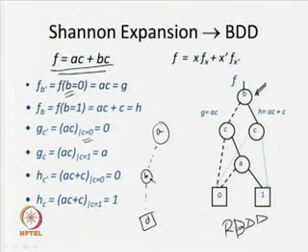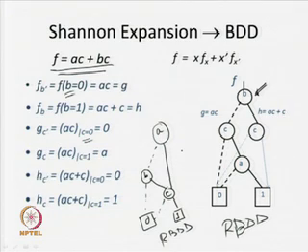If b is equal to 1, it depends on c, and 1, c is equal to 0. So these are the two RBDDs, both representing the same function f is equal to ac plus bc. So, that means we can say that the BDD representation or reduced BDDs are not unique for a given function.